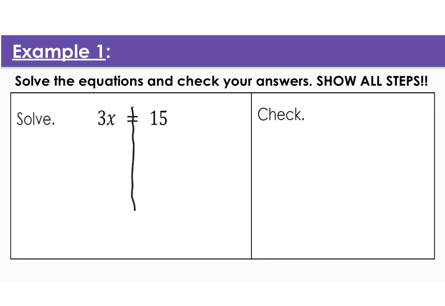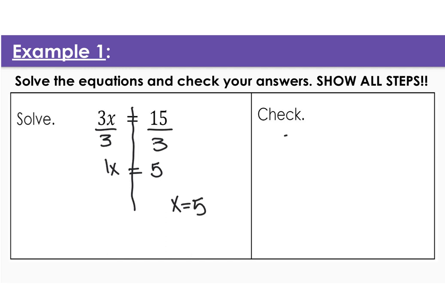So 3 times x, I'm going to divide by 3 and divide by 3. When I divide 3 by 3, that gives me 1, and it would be 1x. Bring everything else down, and then 15 divided by 3 is 5. So now x equals 5.